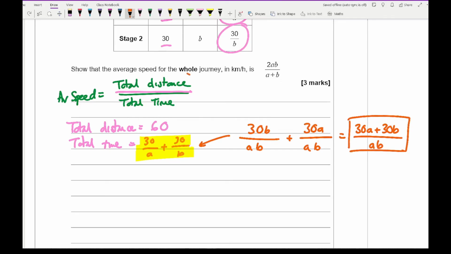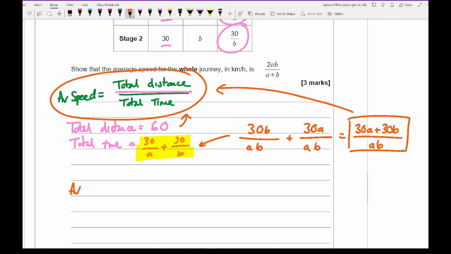Now going back to this formula here and substituting those two values in, what I get is my average speed is equal to 60 divided by 30a plus 30b all divided by ab. Now what we then need to do is make sense of this.